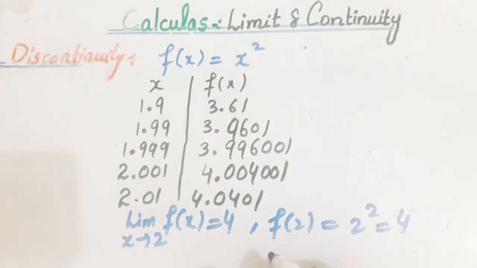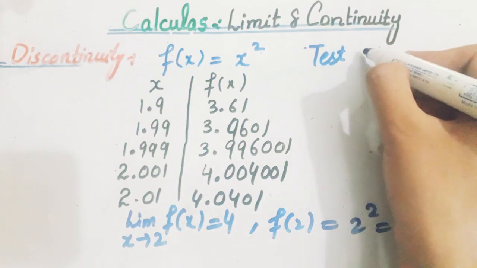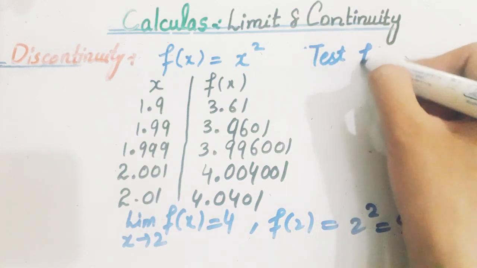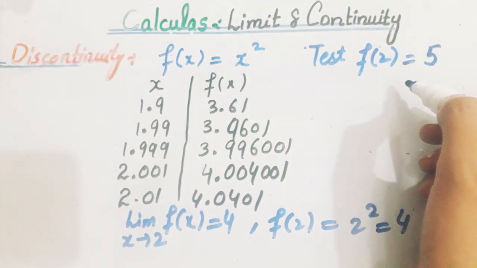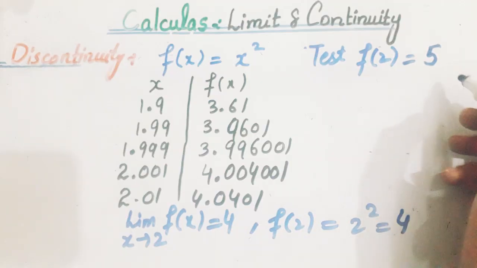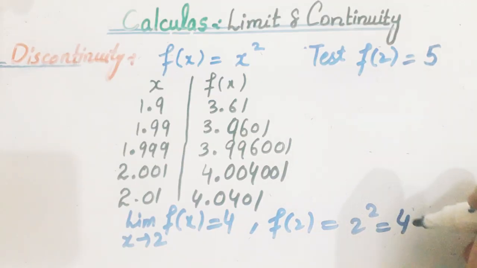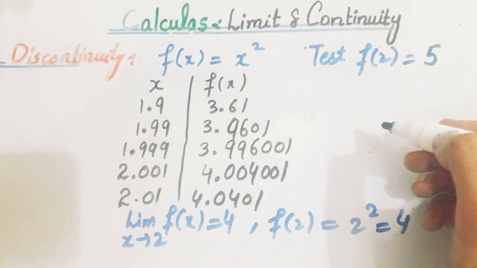But suppose it is given that f of 2 equals 5, so the value of the function at x equal to 2 is 5, this is given. But when we solve, we get the limit value equal to 4. So the actual value and the limit value are not equal.